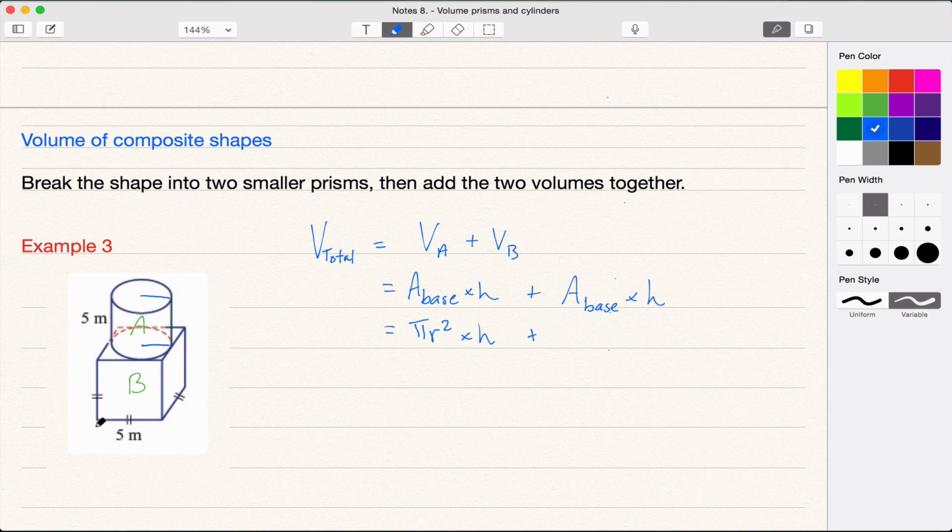Area of this base is 5 times 5. Pi r squared is going to be pi times 2.5 squared times the height of the cylinder, which is 5.